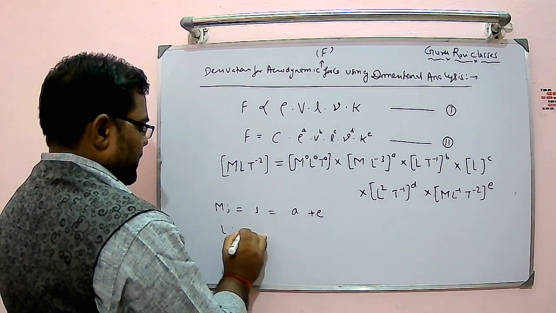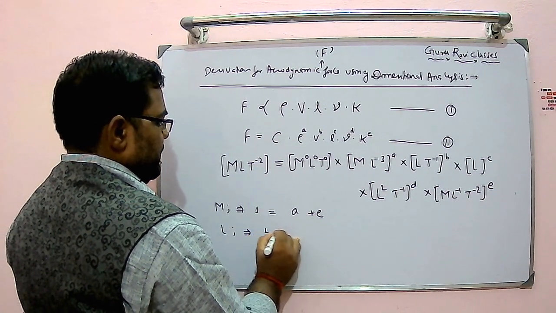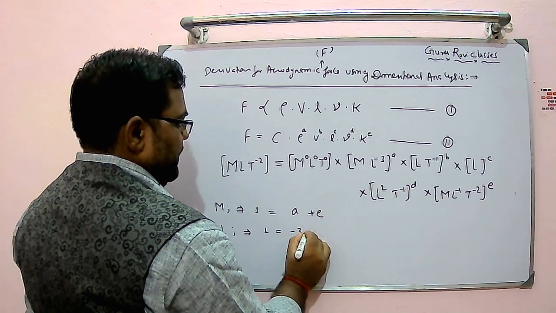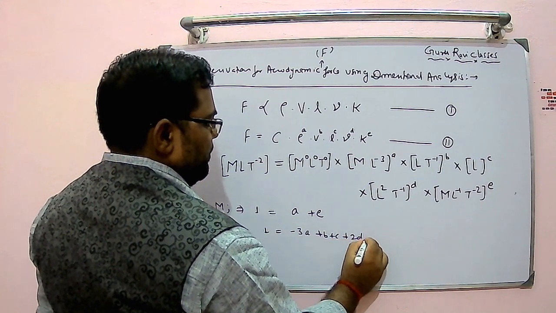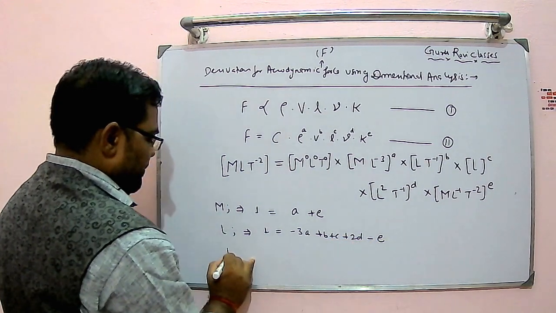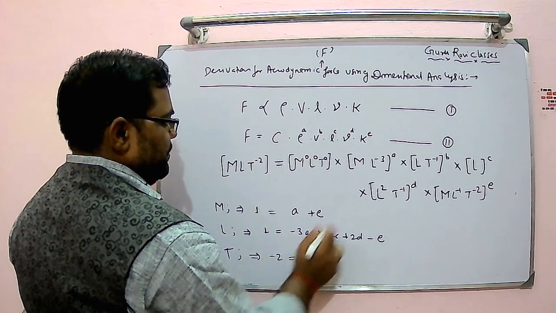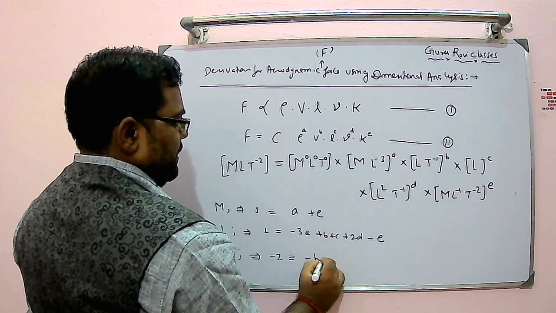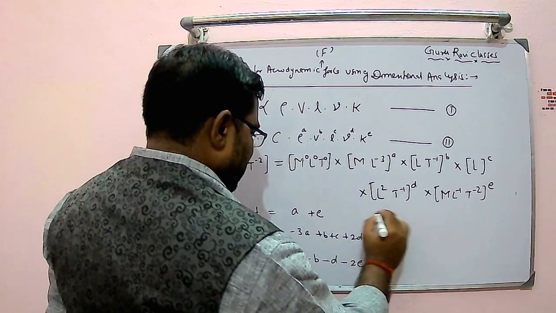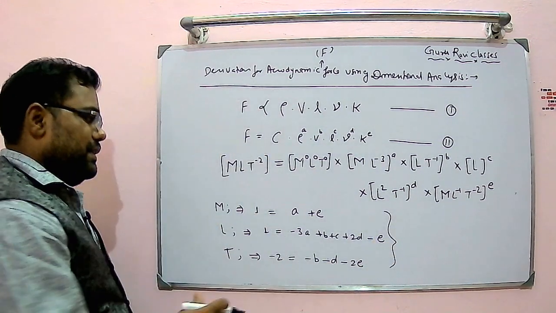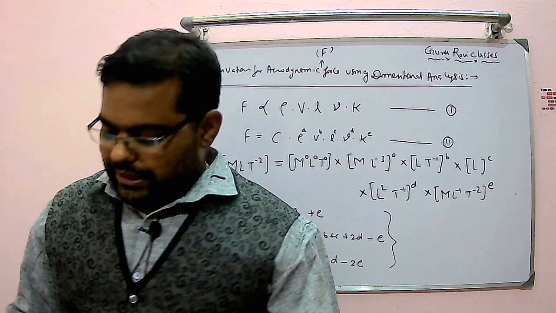If I am equating L, so L is 1, which is equal to minus 3A plus B plus C plus 2D minus E. If I am equating T, T is minus 2, which is equal to minus B minus D minus 2 times E. So I got these three equations and I need to solve these three equations to express A, B, C in terms of D and E.